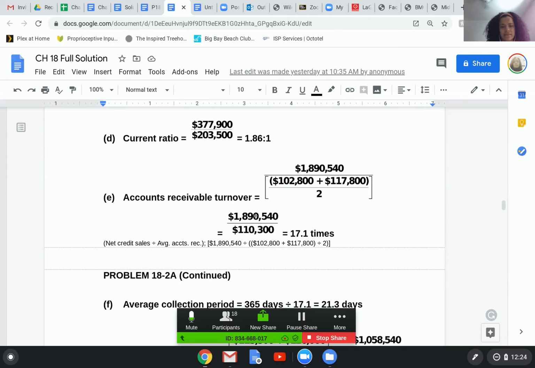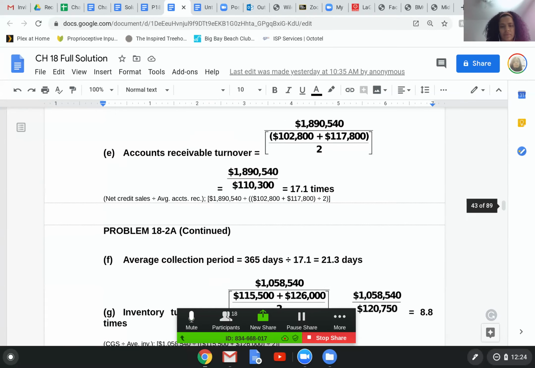The sales at the top divided by that average accounts receivable gives 17.1 times. That's a very high turnover. Remember, we want this number to be as high as possible.